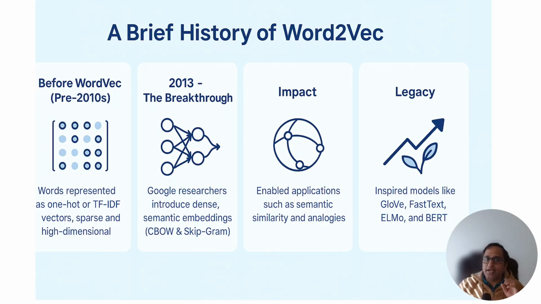This single idea reshaped natural language processing, powering similarity search, clustering, or analogy reasoning. It also laid the foundation for everything that followed, whether BERT or fastText, and ultimately the LLMs we use today.